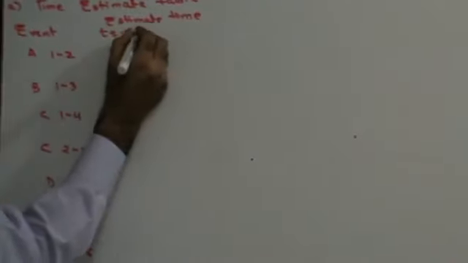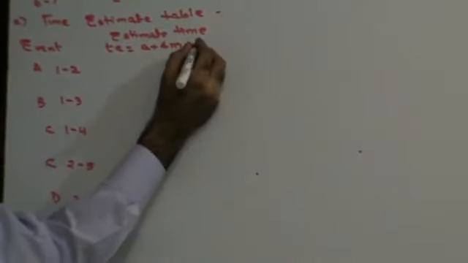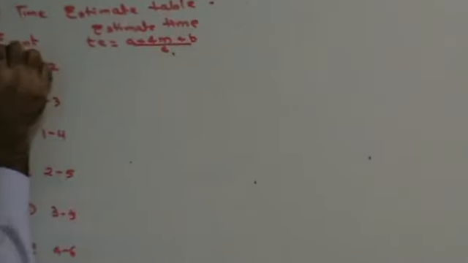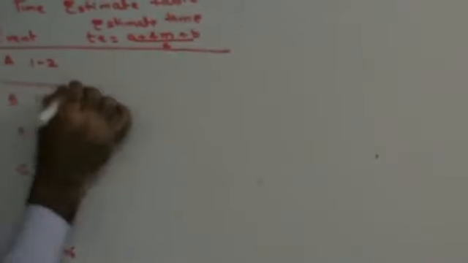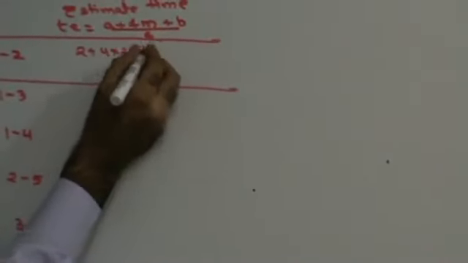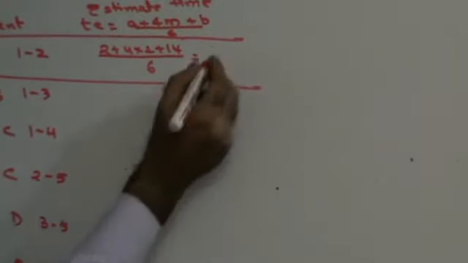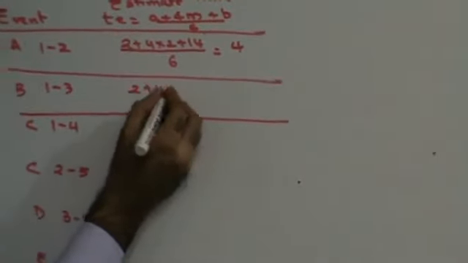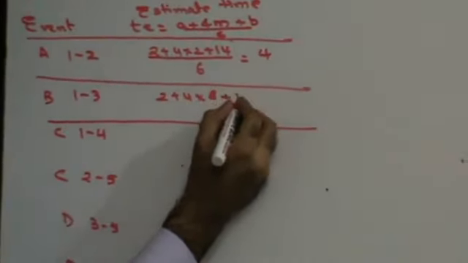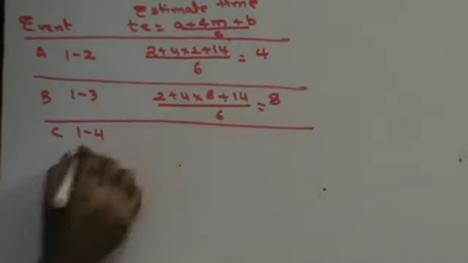Estimated time TE is given by the formula: optimistic time plus 4 times most likely time plus pessimistic time, divided by 6. For activity A, it is going to be 2 plus 4 into 2 plus 14 divided by 6, which works out to 4. Next, 2 plus 4 into 8 plus 14 divided by 6, which is 8 weeks.